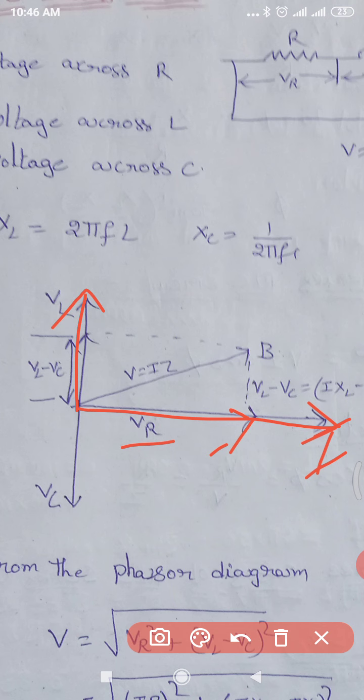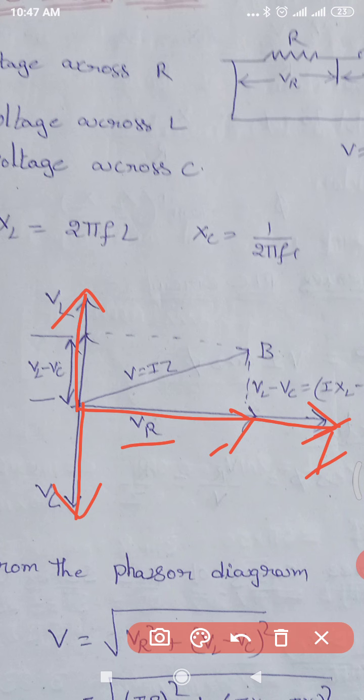Next, coming to the capacitor, it contains the voltage VC. We know that the capacitor voltage lags by 90 degrees compared to the current. So this is the VC.